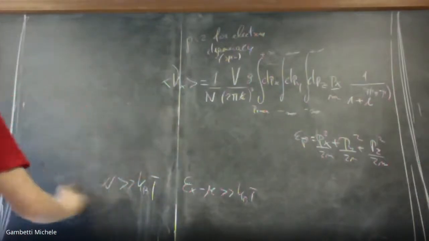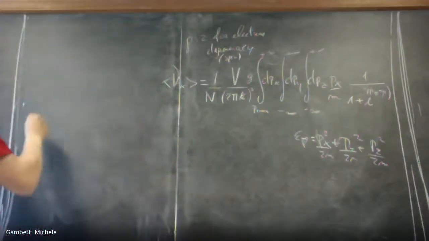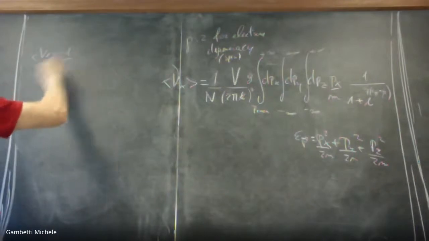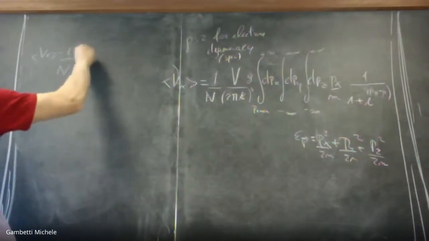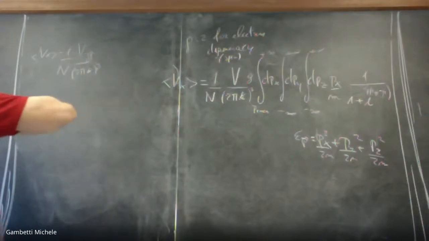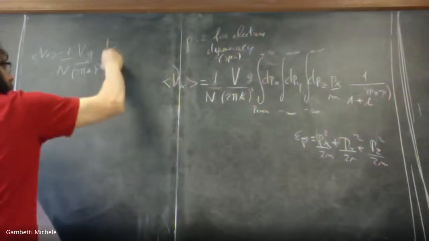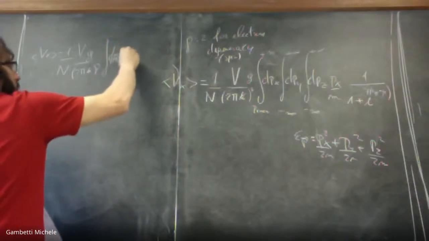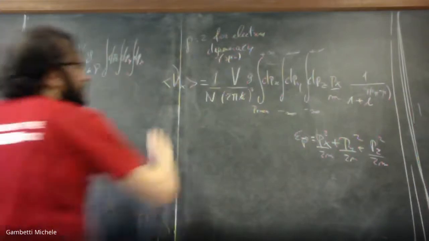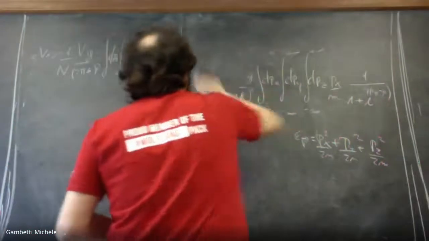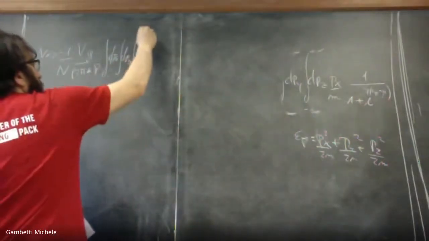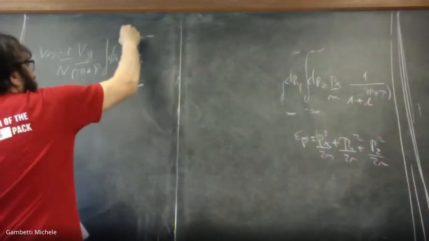Okay, so if you do this and you do the calculations, you basically just need to compute now this integral. So the Vx average is 1 divided by n, volume, degeneracy 2 over (2 pi h bar) cubed. Then you have dpx, dpy, and dpz. This from minus infinity to plus infinity, minus infinity to plus infinity.